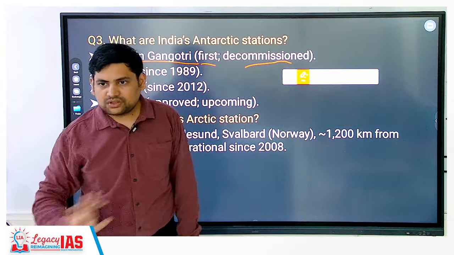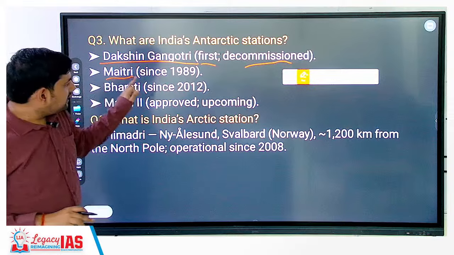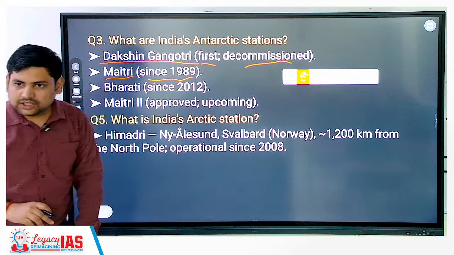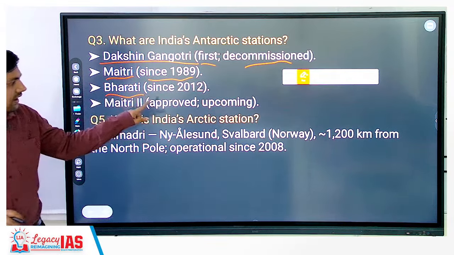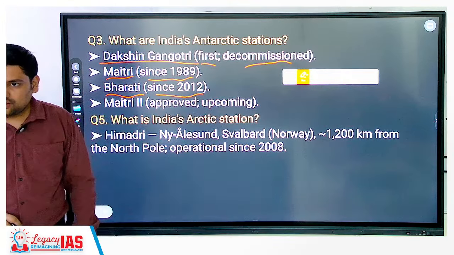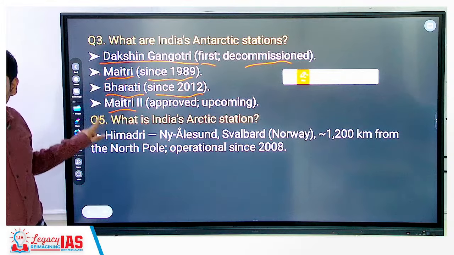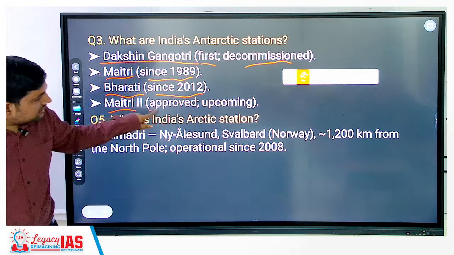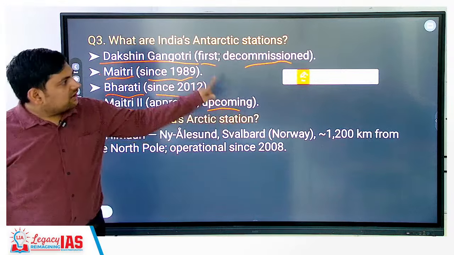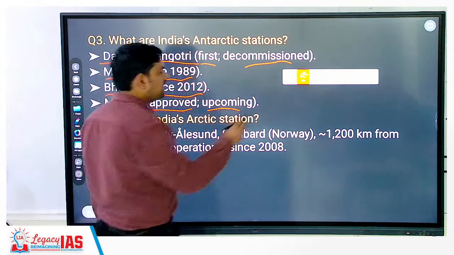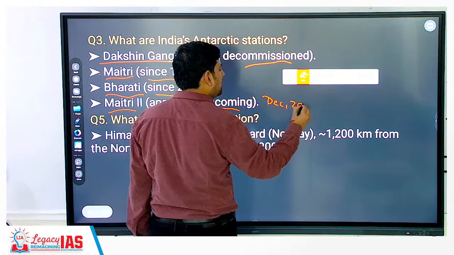Okay, not in use now. And then second was Maitri. This is working since 1989. Then next was Bharati. It is working since 2012. Now we are going to launch Maitri 2. From Maitri 1 to Maitri 2. This has been approved. It is upcoming. Till when will it come out? It will come out December 2029.